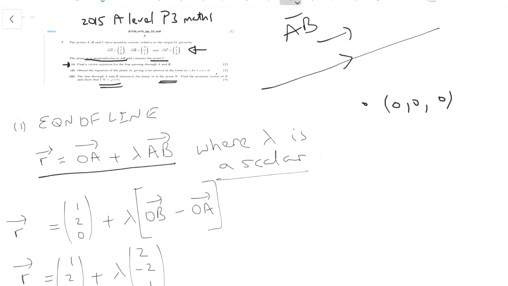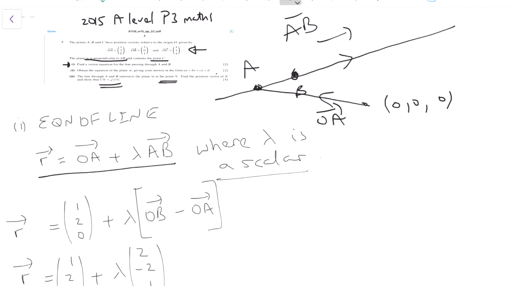This is point A, and let's put point B a bit in the middle of the line. So we have the line here, and this is point B on the line.